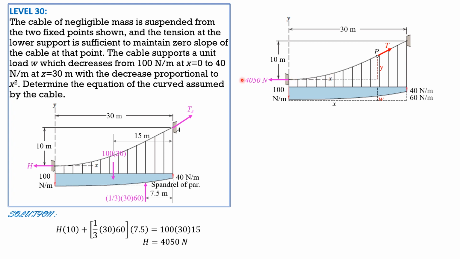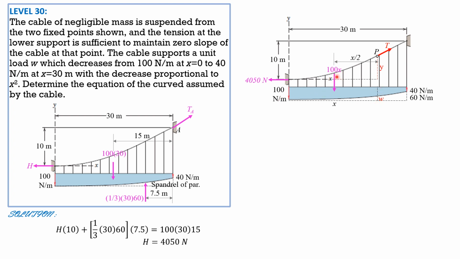This is the horizontal, this is the value of H, and we have loading here, which is in general 100 newtons per meter times x for the rectangular loading, and it should be countered by this upward force of spandrel of parabola, 1/2 of x times W. By the way, that distance is x over 2 because this is a rectangular loading.